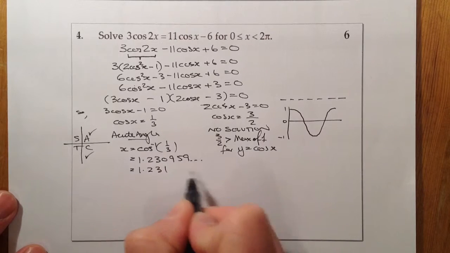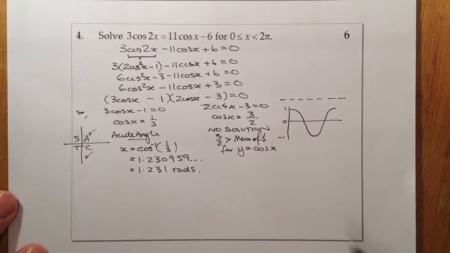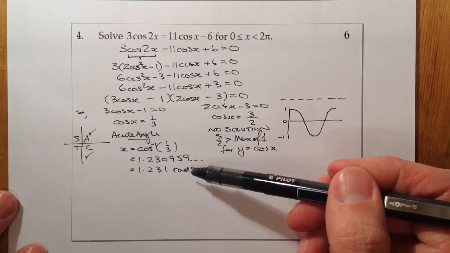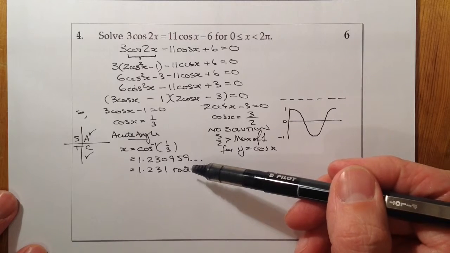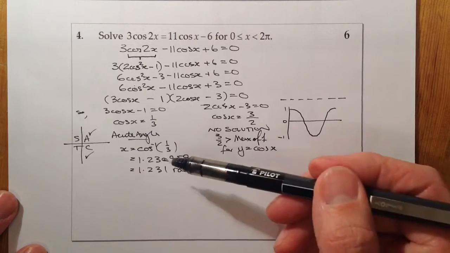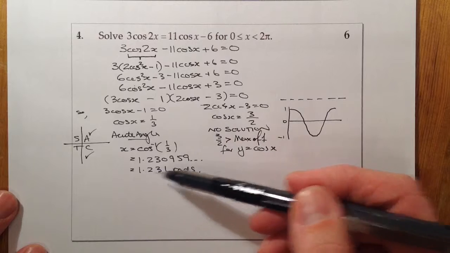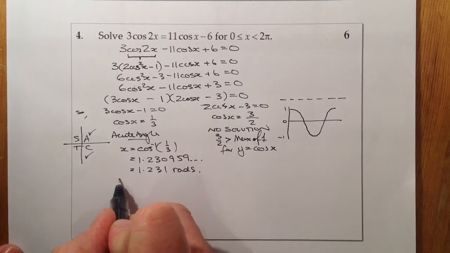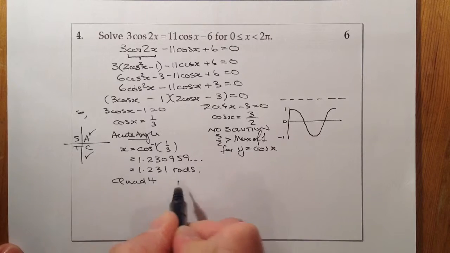Remember, the radians don't always work out to be nice and neat like pi over 3, pi over 6 or anything like that. Sometimes when you're working through these questions, it'll work out as a decimal number. So I then need to find my quadrant 4 solution.